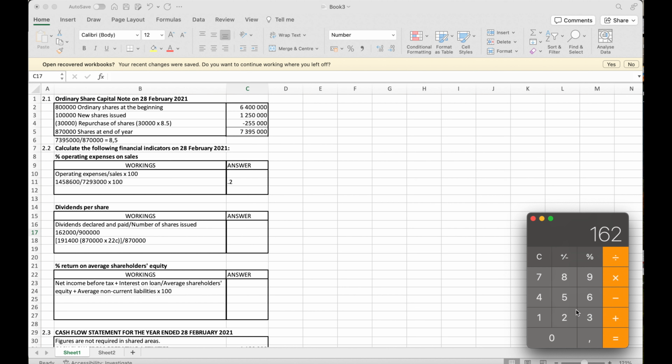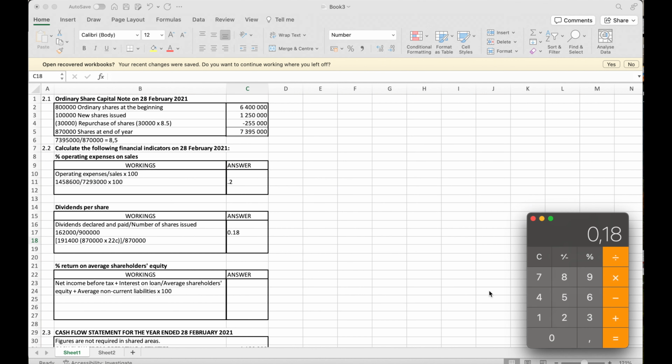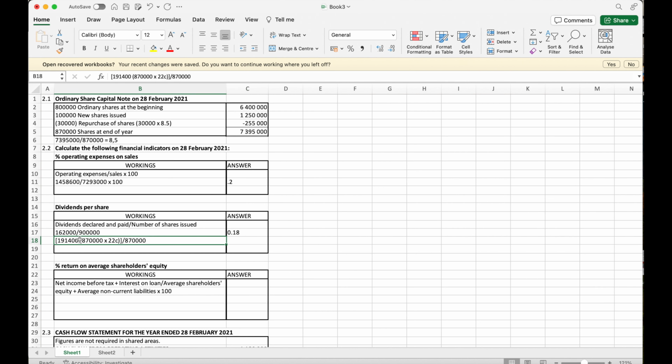162,000. You can use your calculator. This concept is very deep because students lose a lot of marks because they don't want to consider the repurchase of shares, which equals 18 cents, not 18. They don't want to consider the repurchase of shares, and it becomes a problem. So that 191,000 is because of the information given here.